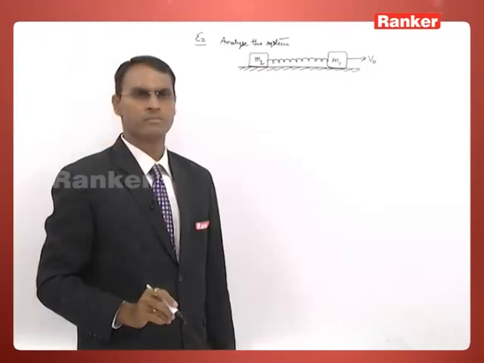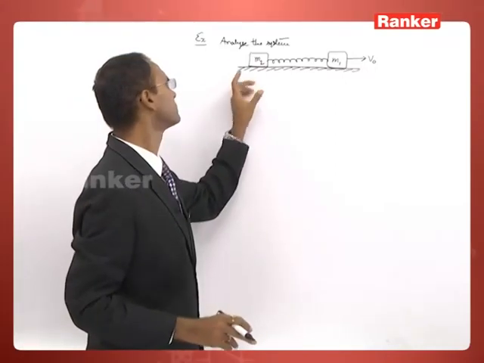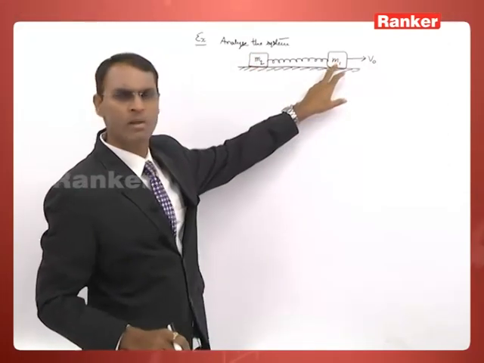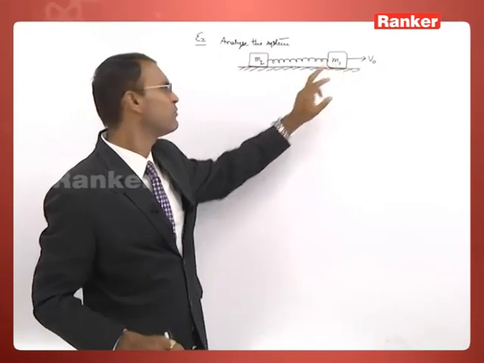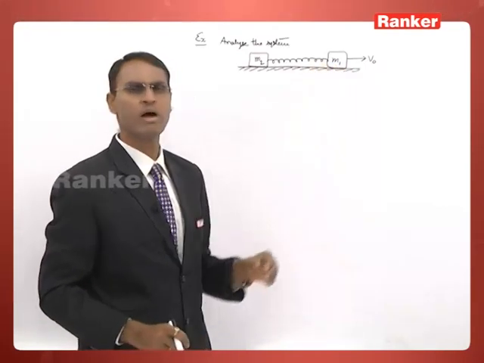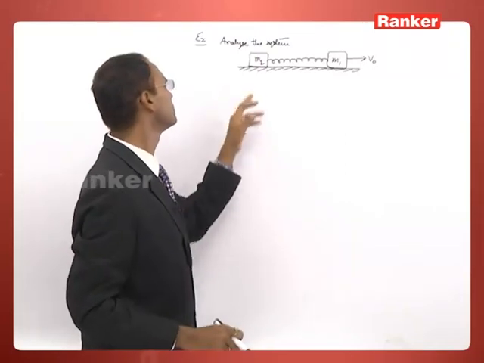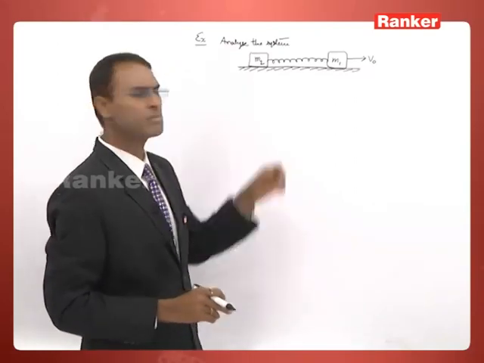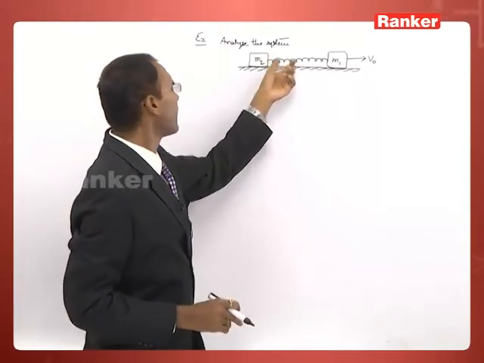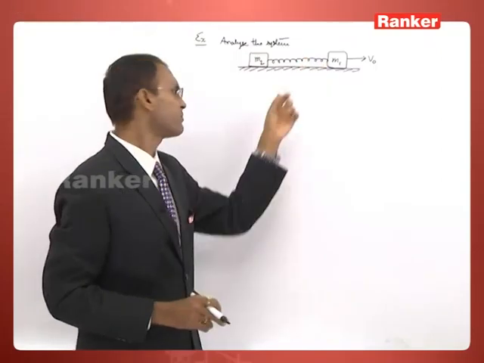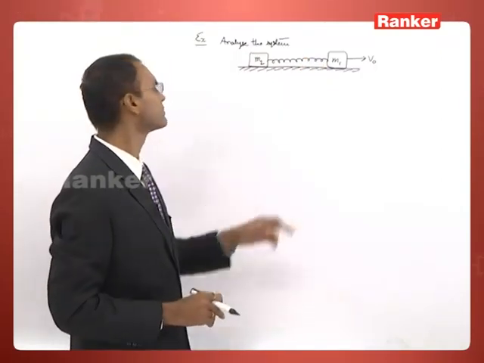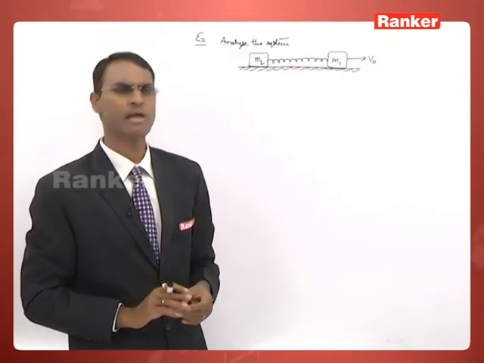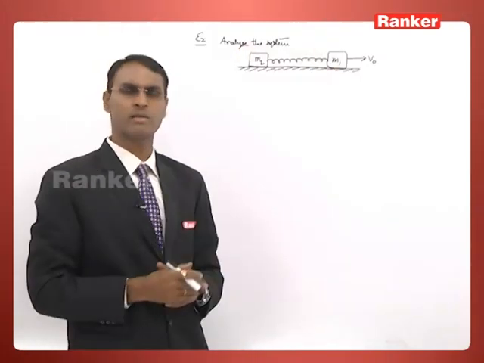We can calculate many more parameters, such as position of m1, velocity of m1, acceleration of m1 with respect to time, position of m2, velocity of m2, its acceleration as a function of time, the elongation of the spring, force as a function of time, and the position, velocity and acceleration of the center of mass as a function of time. So many things you can calculate.